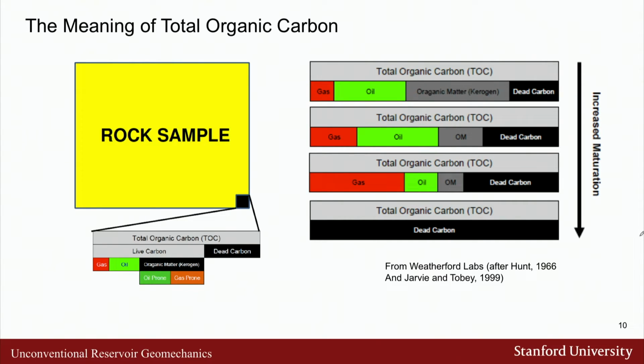And as a function of maturation, or as a function of temperature, first and foremost, what you see is the amount of oil increases. We'll see that more quantitatively in the next slide.